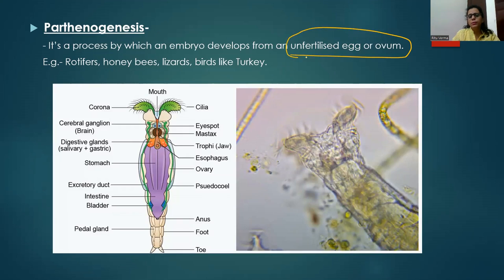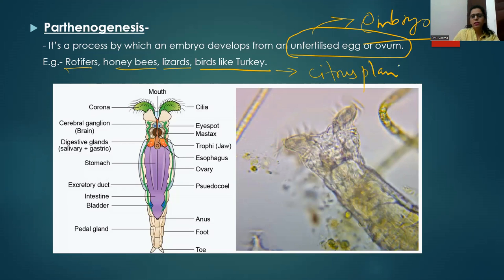So when an unfertilized egg or ovum directly develops into an embryo, this is called parthenogenesis, and it occurs in rotifers, honeybees, lizards, and birds like turkey, and it's also very common in citrus plants.